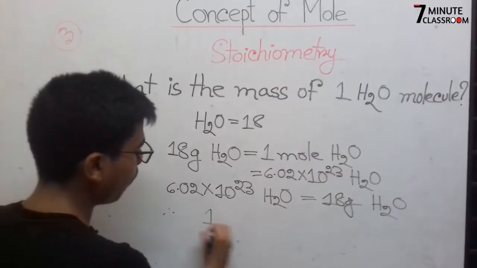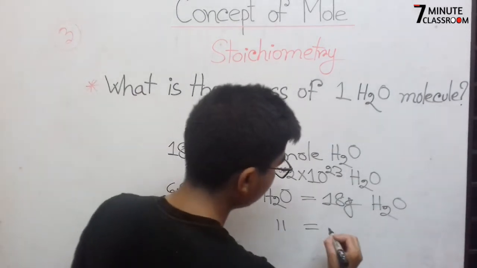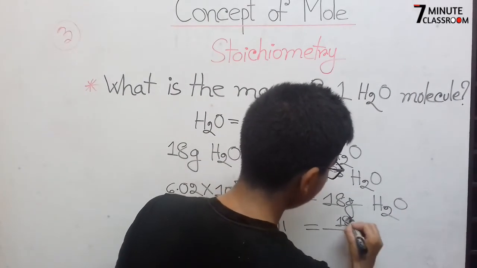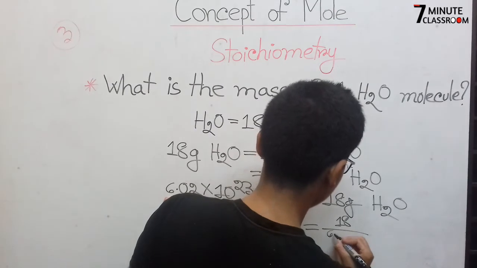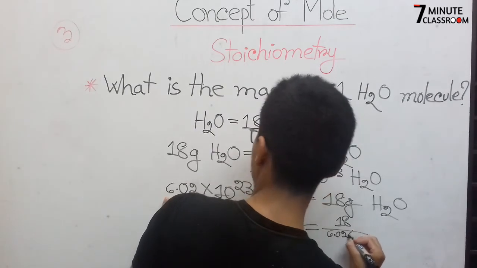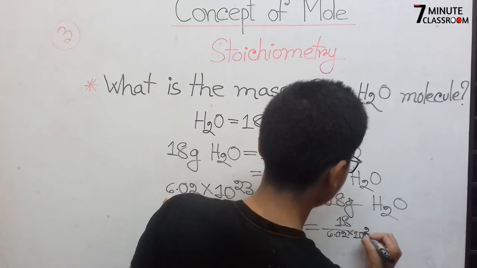Therefore 1 molecule H2O equals 18 divided by 6.02 into 10 to the power 23.